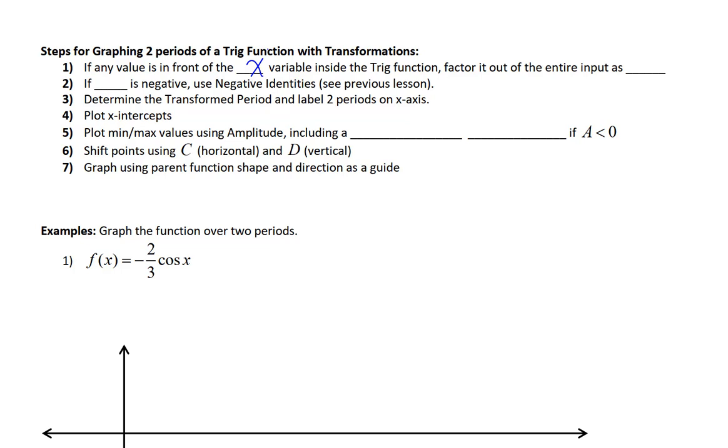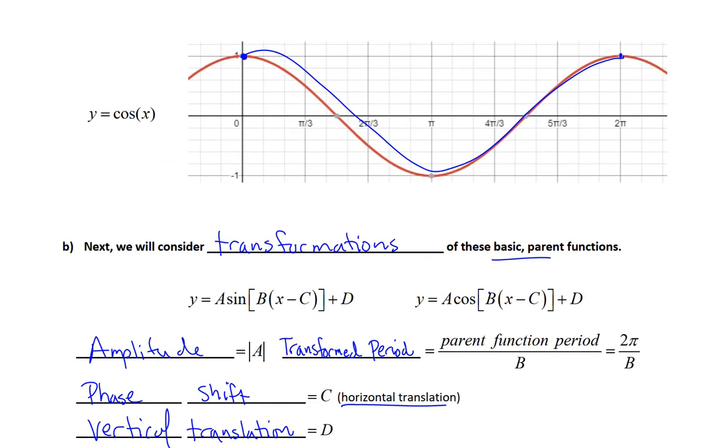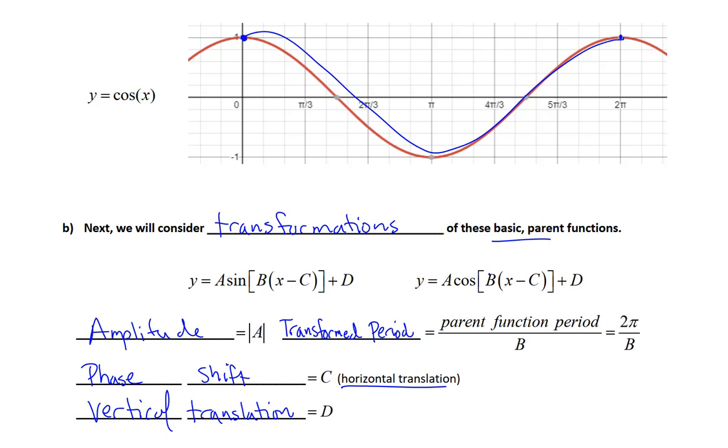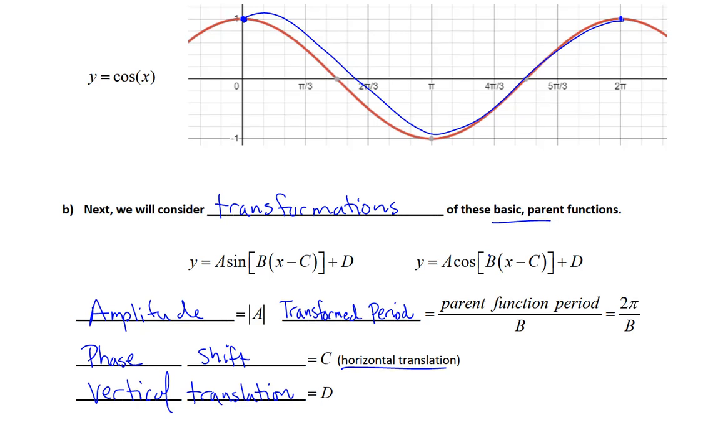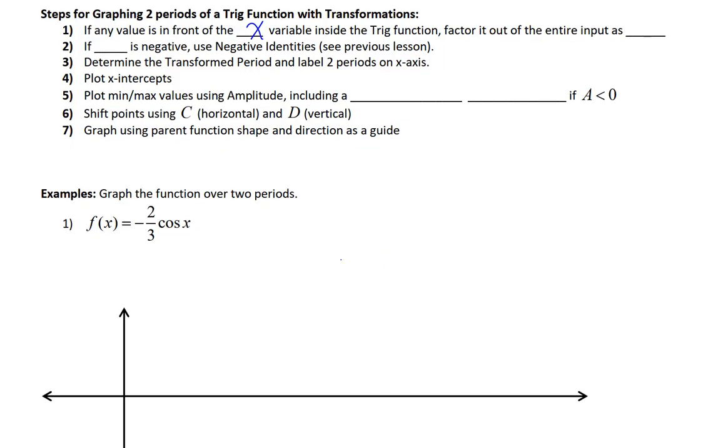Well, if any value is in front of the x variable inside the trig function, and by inside I mean if you go back to our transformation formulas for sine and cosine, you can see the set of parentheses that has the x inside. So we're talking about something like that, but you may or may not see it in this final form at first. And that's what these steps are meant to do.